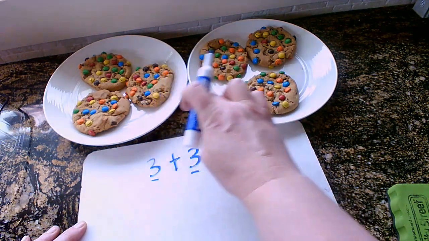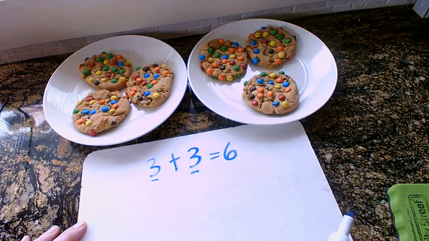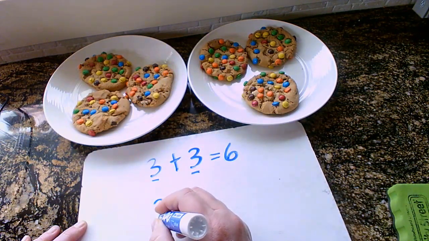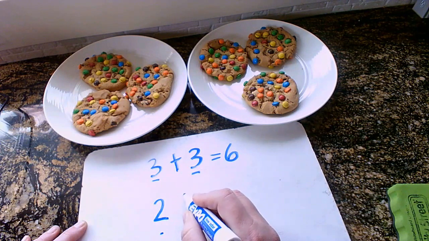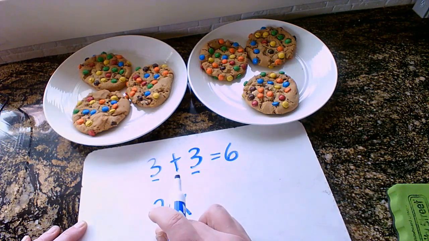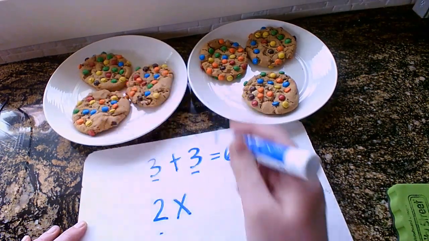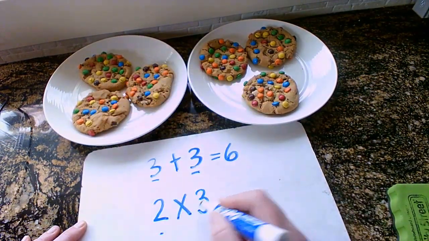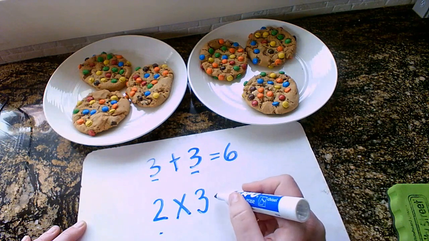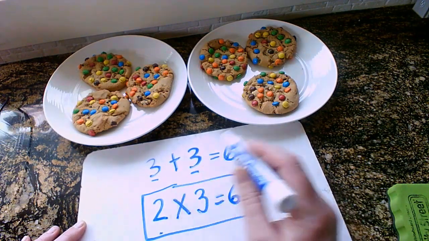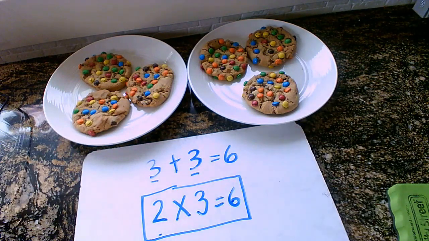Because these are equal, I can write a multiplication equation. So 2 groups, remember the first factor tells me how many groups, and the second factor tells me how many is in each group. Each plate has 3 cookies, and that will equal 6. So I can write a multiplication for this one.